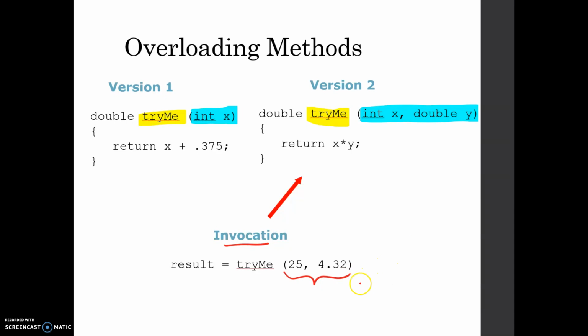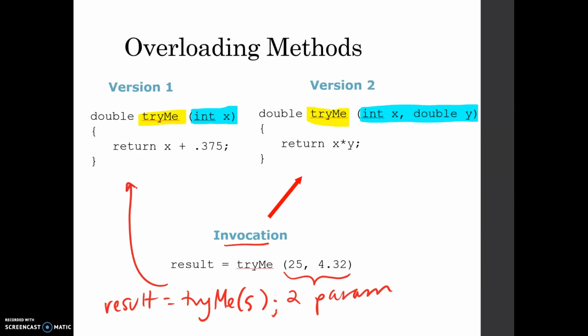In this case, since the parameter list has two parameters, the compiler knows that it needs to use version 2 of the try_me method. If I would have said, for example, result equals try_me and then just had one number, then the compiler would know to use this version of the try_me method.